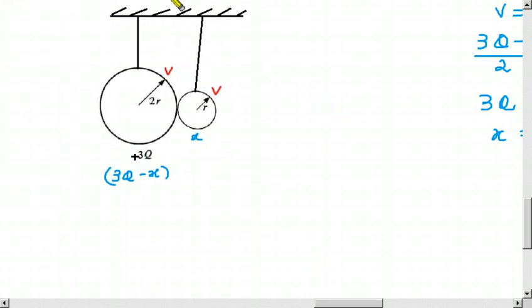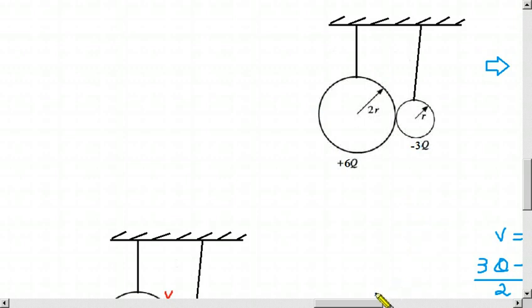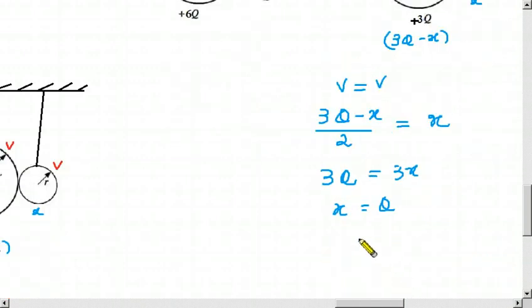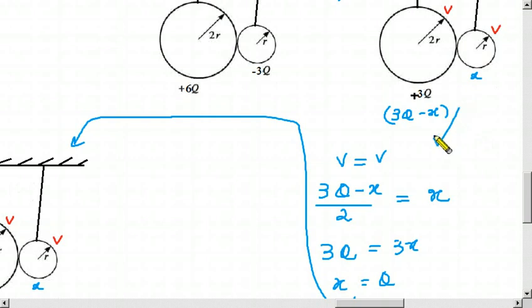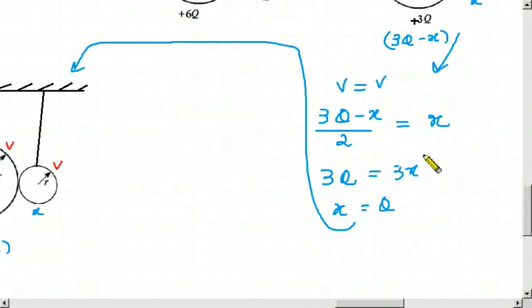So let us place an arrow here, from here to here, this way.